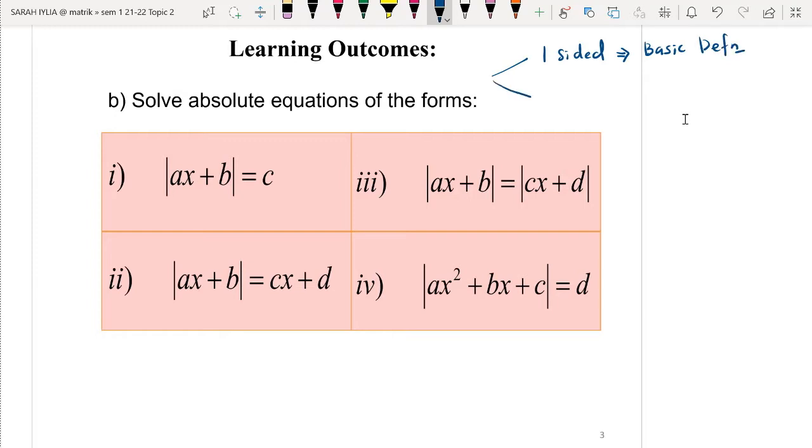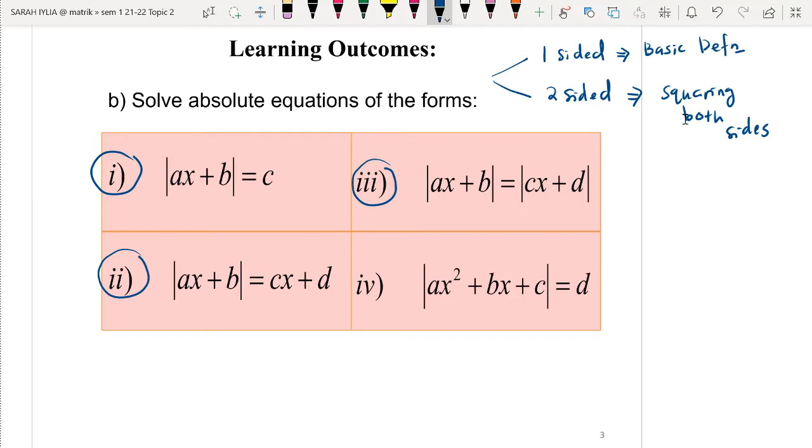And for the second type, if we have a two-sided absolute equation, we're going to use the squaring both sides method.